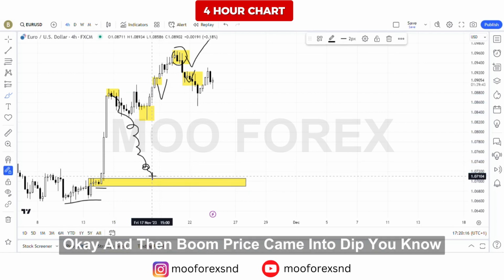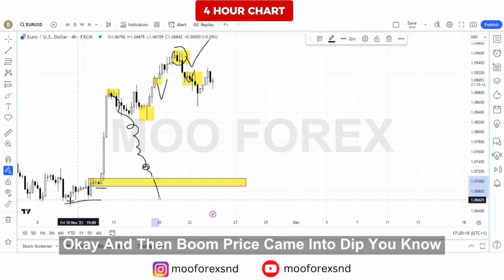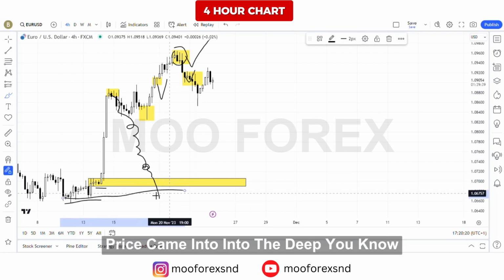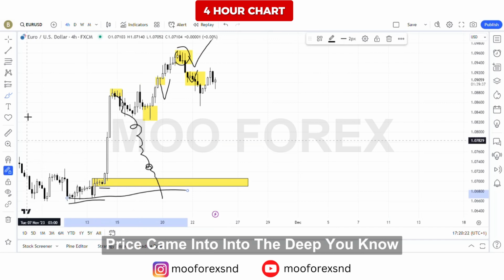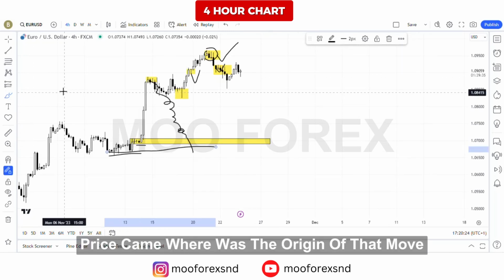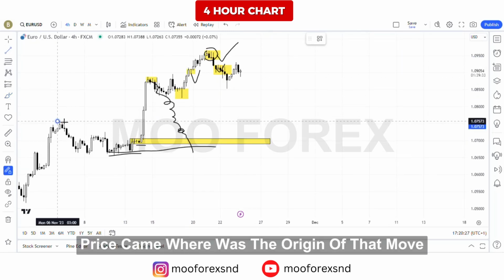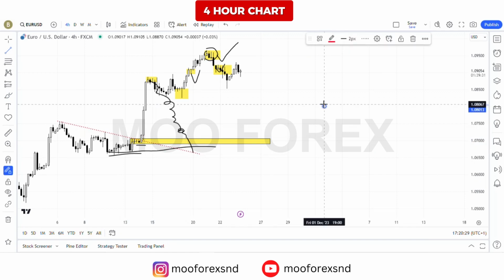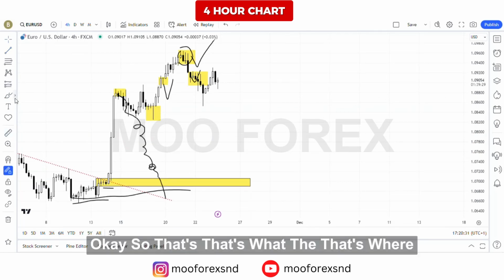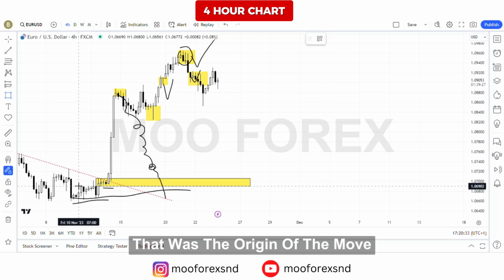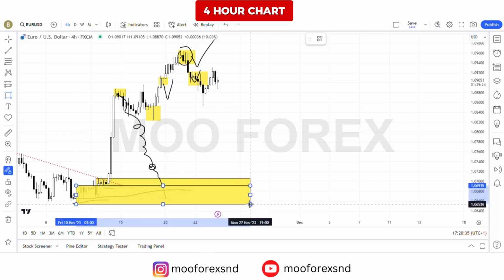Then boom, price came into the deep. Where was the origin of that move? That was the origin of the move.